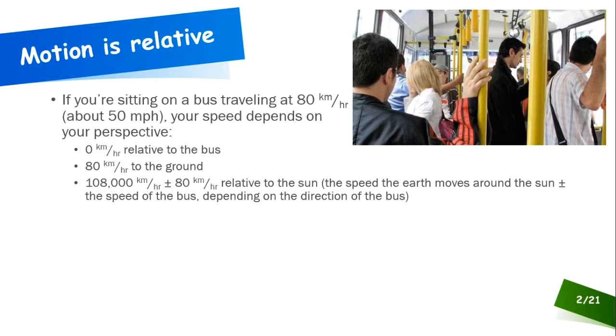Now it could be 108,080 kilometers per hour, or it could be 170,040 kilometers per hour, depending upon which way the bus is moving relative to the direction of the Earth moving around the sun. But be that as it may, it's still a lot bigger than if you're looking from the perspective of the bus or the perspective of someone standing on the ground.